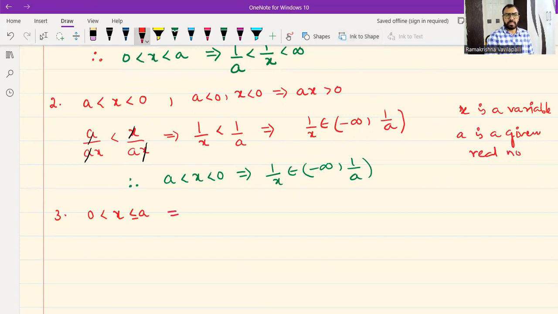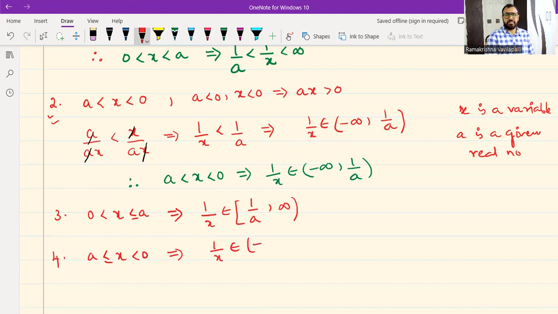So when we are given that x is less than or equal to a, then 1 by x belongs to, in the previous one you had an open interval, here you will have a closed interval, 1 by a to infinity. For the second one, a is less than or equal to x less than 0. This implies 1 by x belongs to minus infinity to, here we have equal, so therefore we have to take a closed interval.